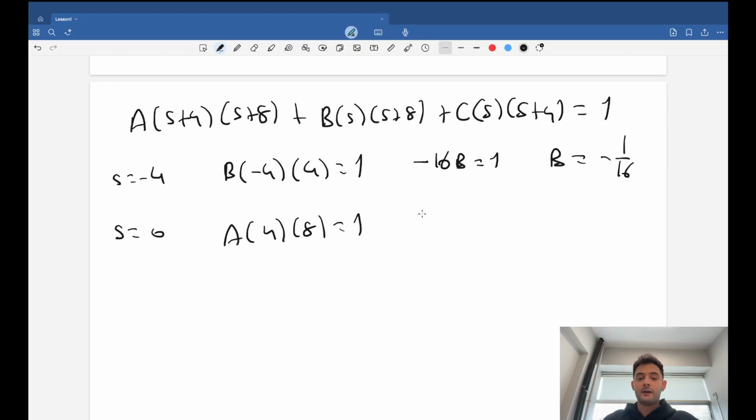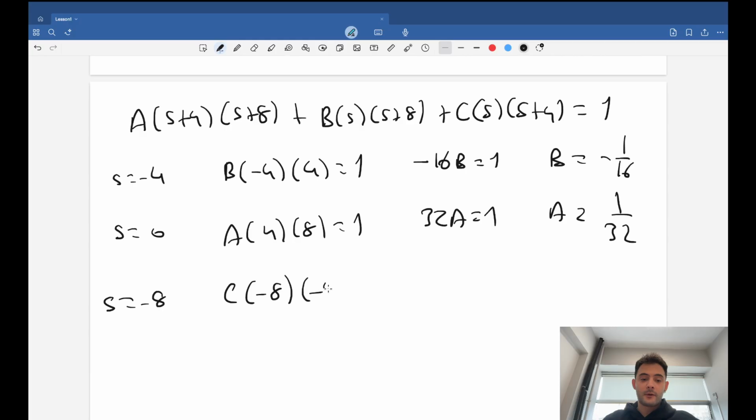So we will have 32A is 1 and A is 1 over 32. And lastly, let's put minus 8 into s. So A is gone, B is gone, so we will have C times minus 8 times minus 4. And it's going to be 32C is 1, and C is 1 over 32.